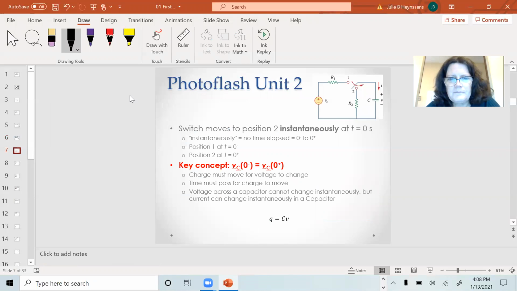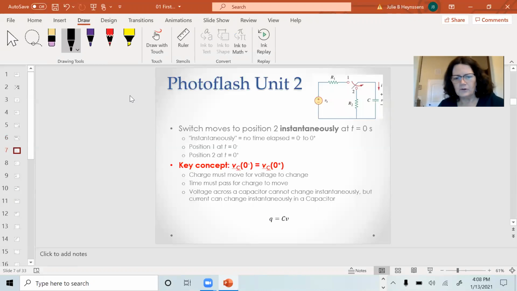Okay. Now the next thing that's going to happen is the switch is going to instantaneously, taking 0 amount of time, move from position 1 to position 2. One little infinitesimal arc of current. And we talked about this yesterday. Energy in a capacitor is stored in the form of charge.